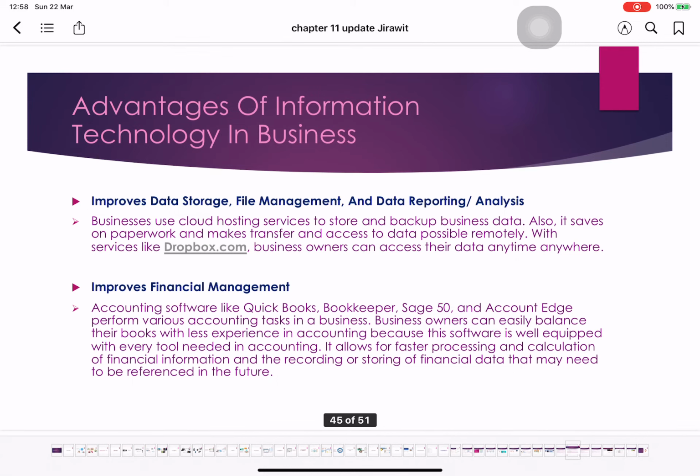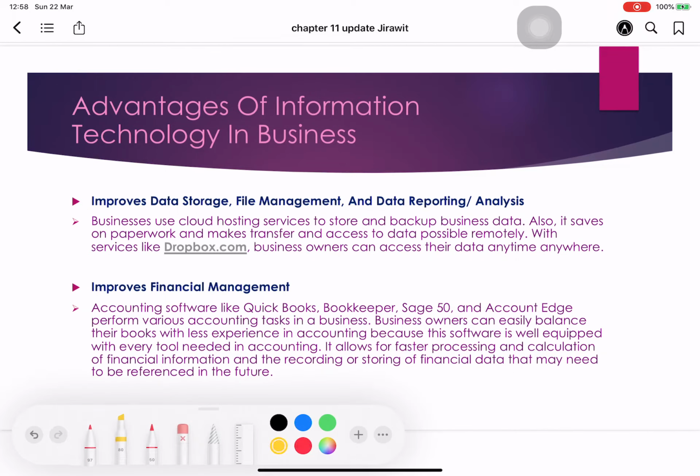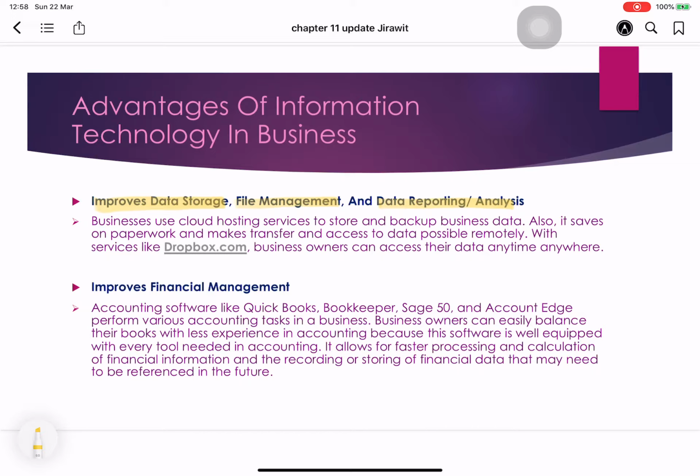Okay. Another advantage is improved data storage, file management, and data reporting analysis. We can use a shared drive that we call Dropbox, or Google Drive, and you might be familiar with OneDrive, right?